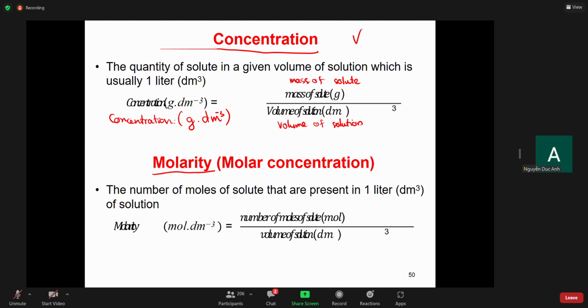The other concentrations are very rarely used. So just understand the concentration as the mass of solute over the volume of solution. That is the normal concentration. The other type is molarity, calculated from the number of moles of solute.